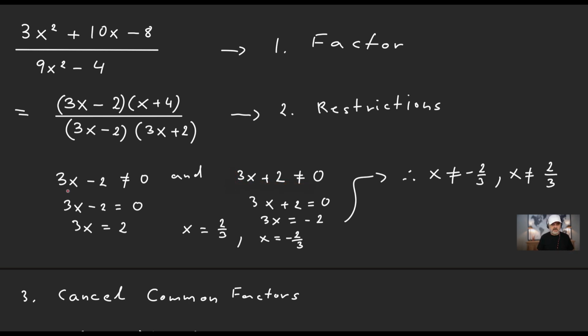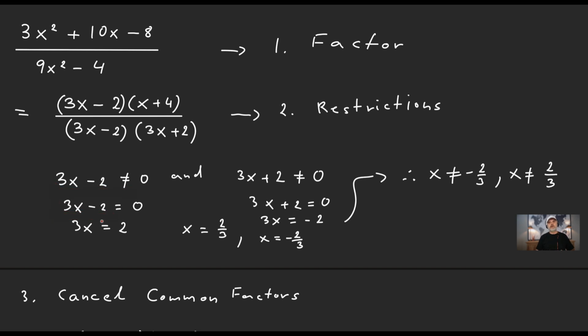So you make a statement, let this be not equal to 0, not 0, not 0. But it is much easier to deal with these restrictions by converting into an equation. So why don't you say, let this be 0, and you know how to solve equations.